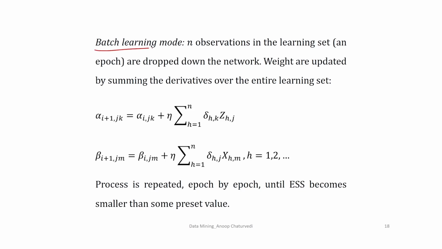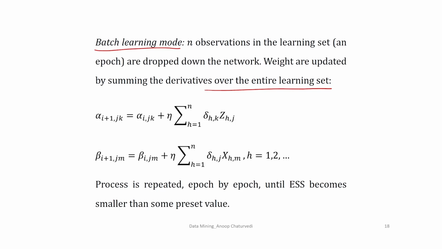Then in batch learning mode, the n observations in the learning set, which is also called an epoch, are dropped down the network, and weights are updated by summing the derivatives over the entire learning set.